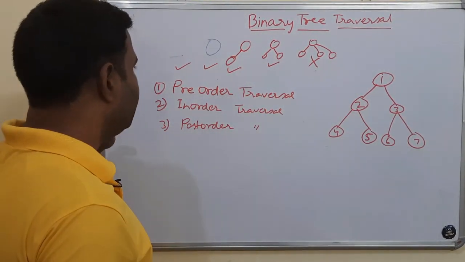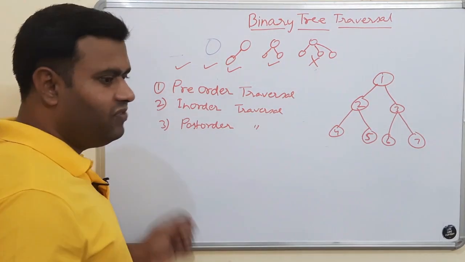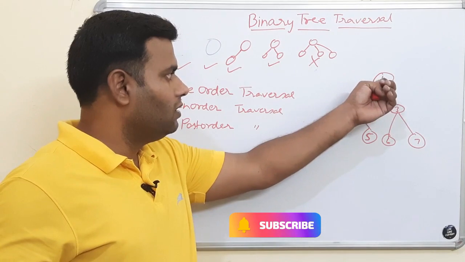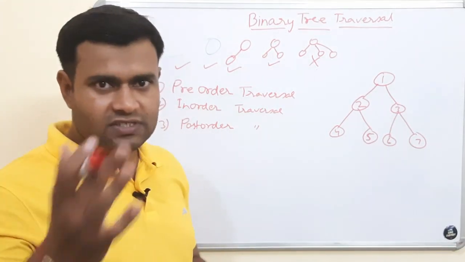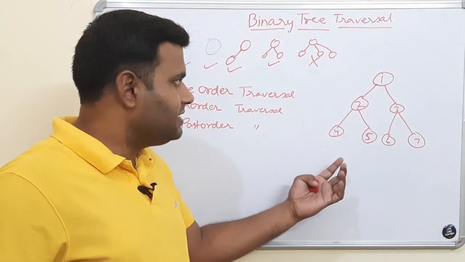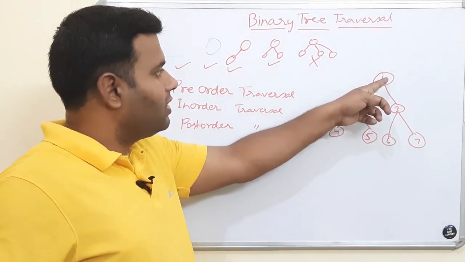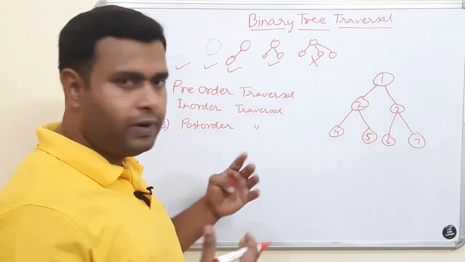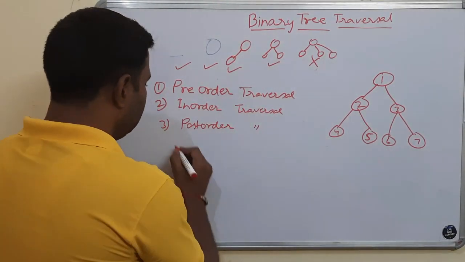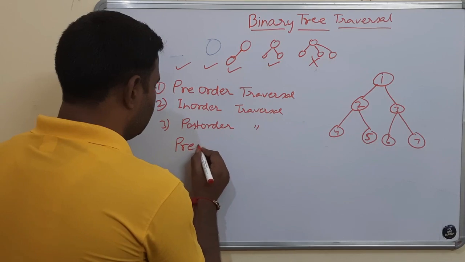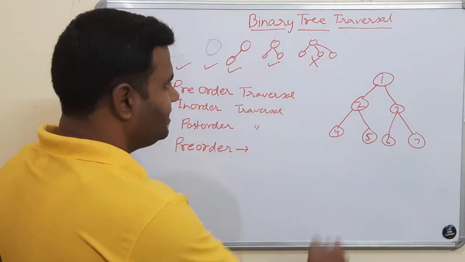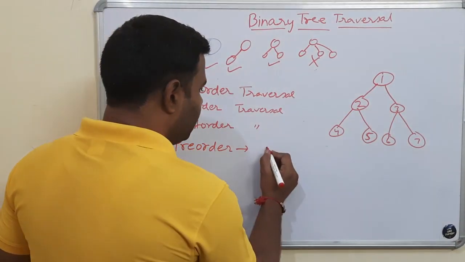In the preorder traversal, first we have to write the node, the root node, and then visit the left child and then the right child. So in this case, let's say we are printing. If I want to print the preorder traversal, I will visit first this, right? Print 1.